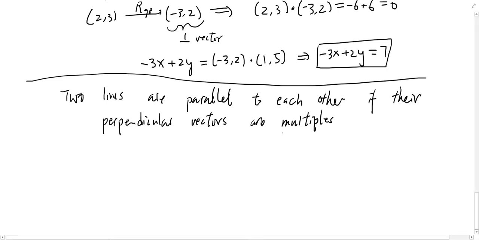Now, with the perpendicular vector, we can also identify if two lines are perpendicular to each other, and that would be this. Now here is very interesting, very important.